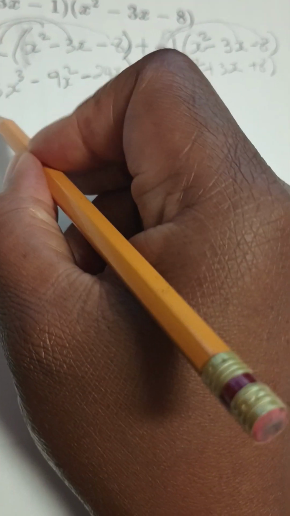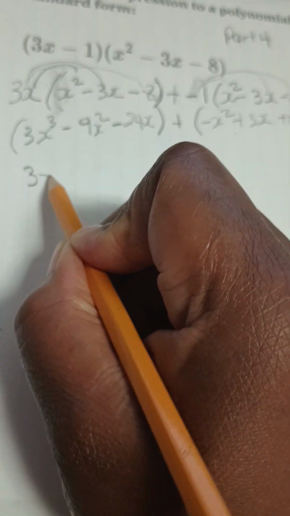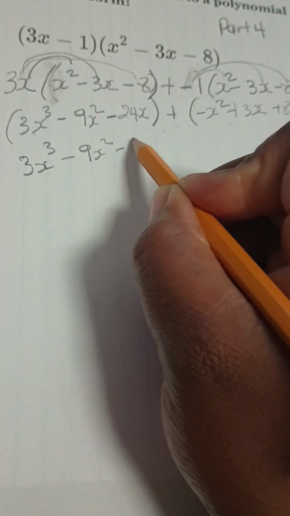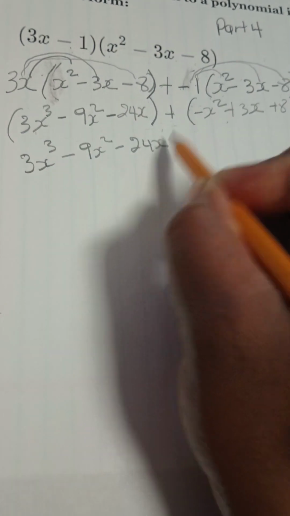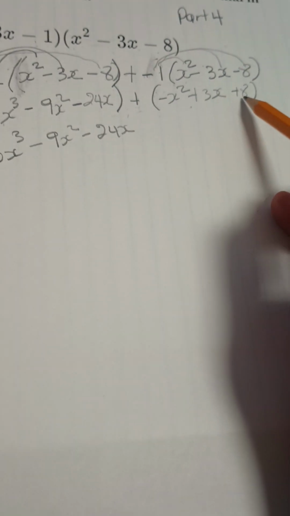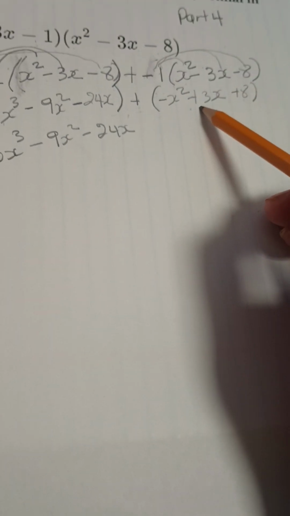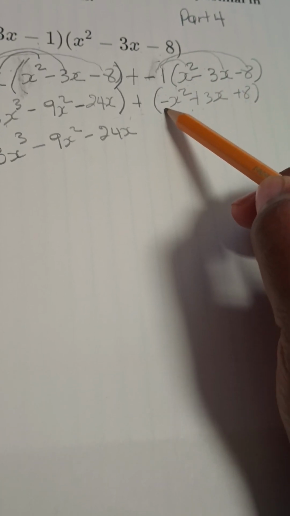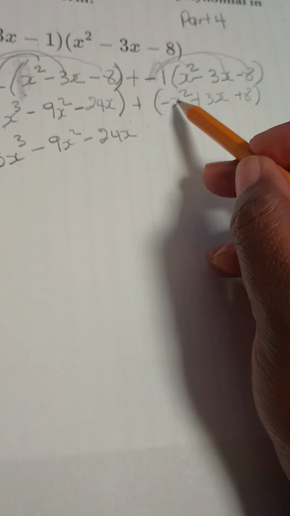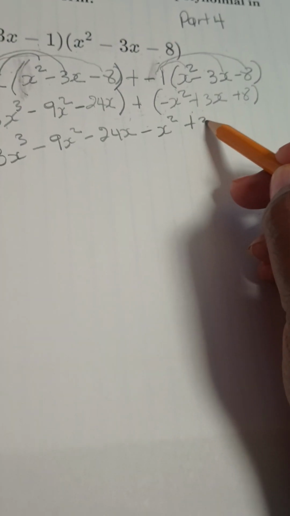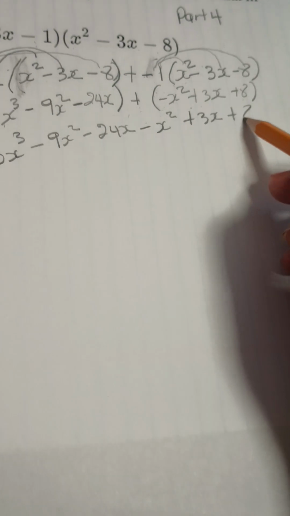So I have my 3x to the third minus 9x squared minus 24x. Now, outside of this parentheses, there's an addition sign, so nothing changes inside of the parentheses. Everything remains the same, including the signs. So this is going to be negative x squared plus 3x plus 8.